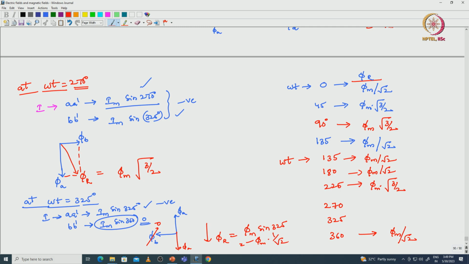If we consider only the magnitude, it will be phi m into 1 by root 2, and for 270 degrees it is phi m into square root of 3 by 2. Based on this analysis, we will see the resultant flux vector plot.